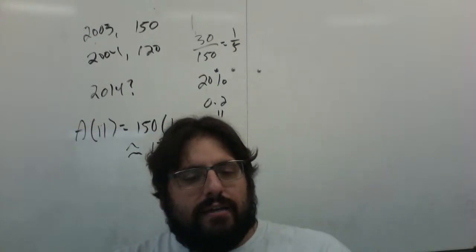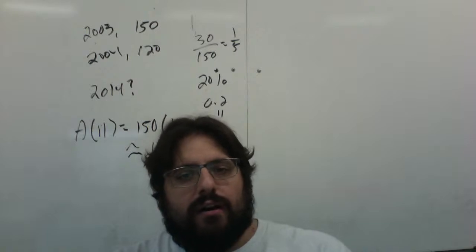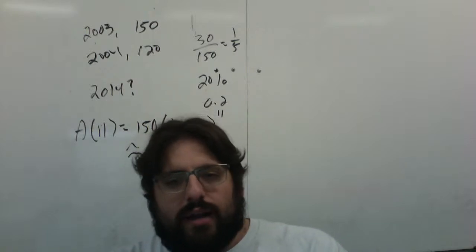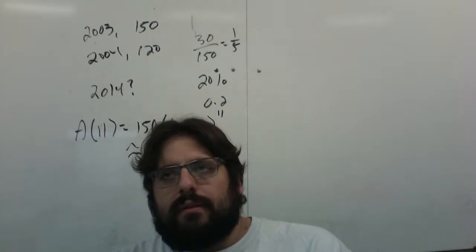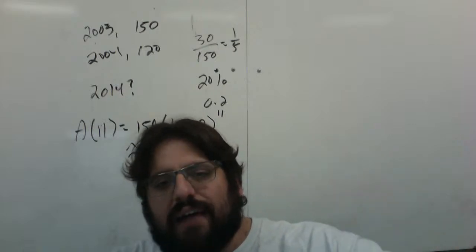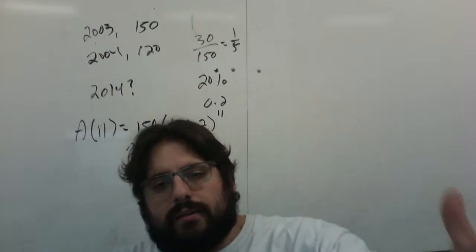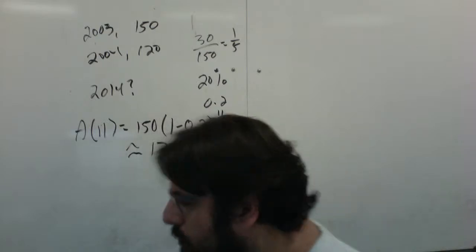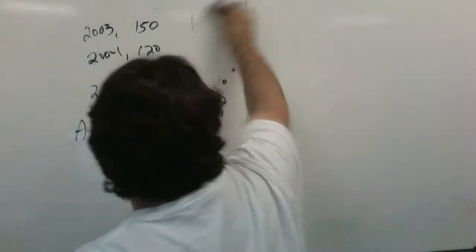So we can find the amount of our account, or of whatever, after so many years of interest compounding more than 1 time a year. All right, so this is called a compound interest formula. And there's actually 2 types.